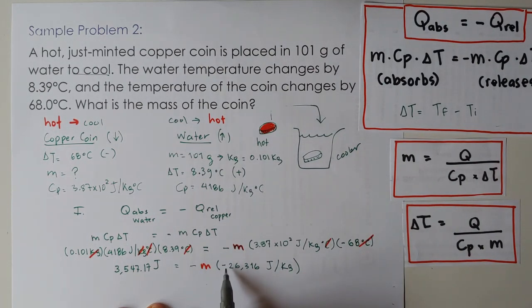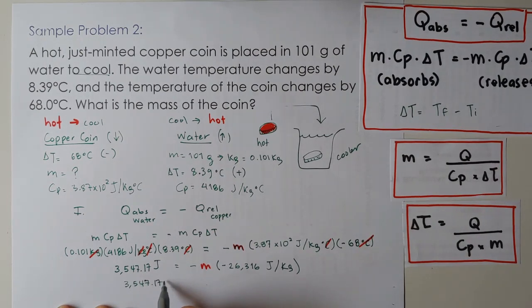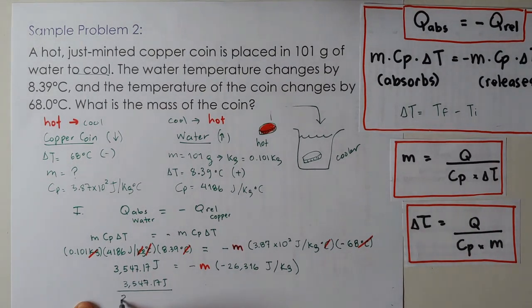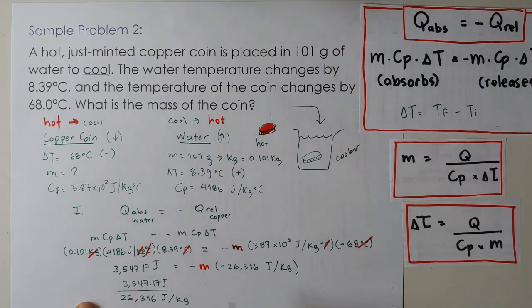Now negative and negative make positive, so 3,547.17 joules divided by 26,316 joules over kilogram is equal to the mass.